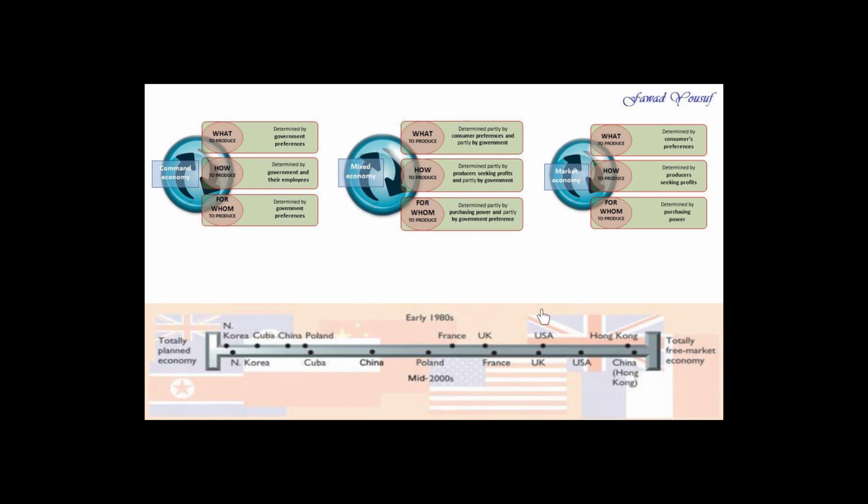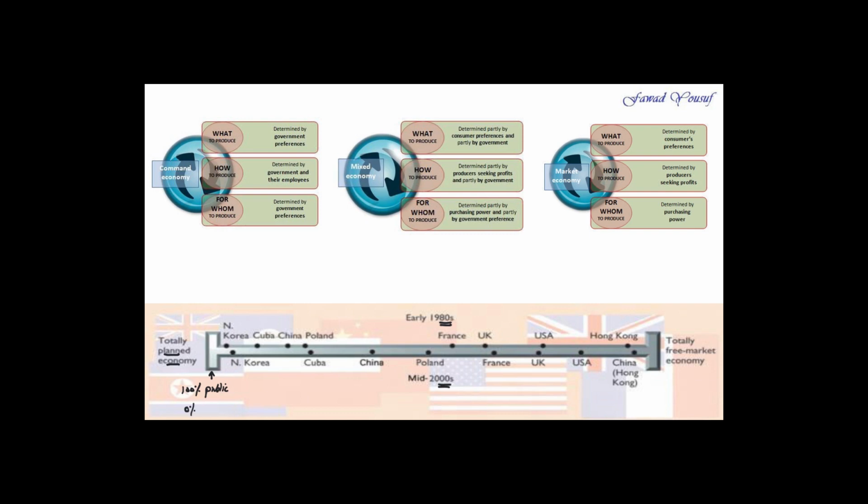So this is a good spectrum which is telling us how the economic systems were in the 1980s and how they were in 2000. Within 20 years, how the progression happened. On the left hand side we have a totally planned economy, this point right here, which is showing us 100% public sector.